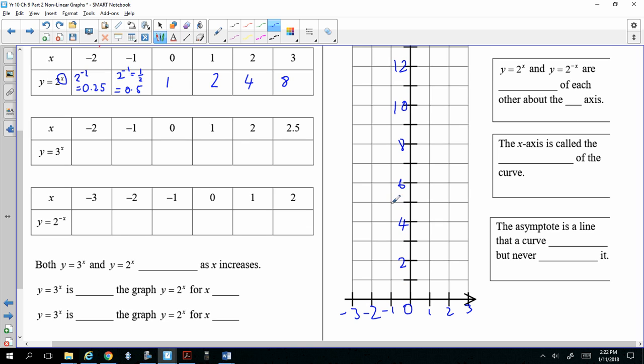So starting with the 1, double each time, 2, and then 4, and then 2 to the power 3 is 8, and there's half, and then a quarter. Okay, so if we join these points to get a graph, let's try to draw it.